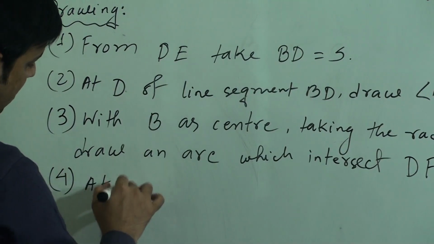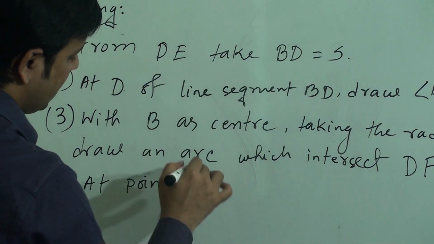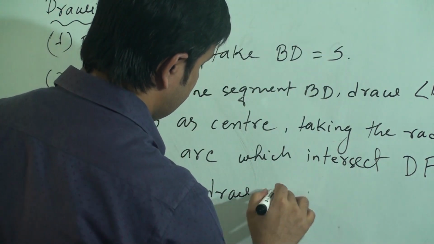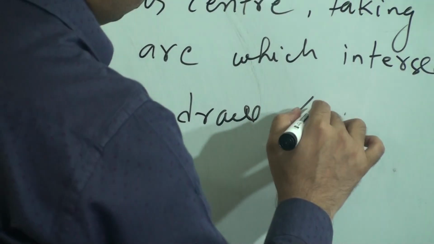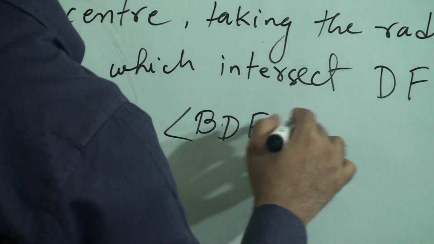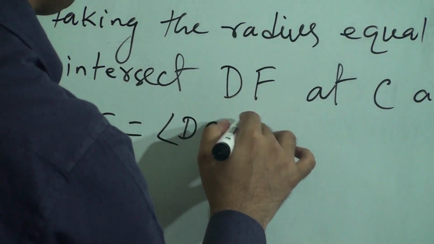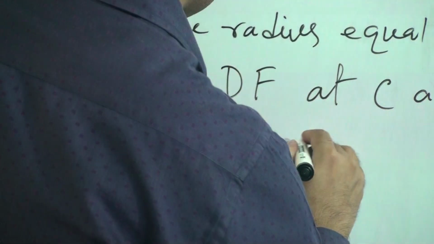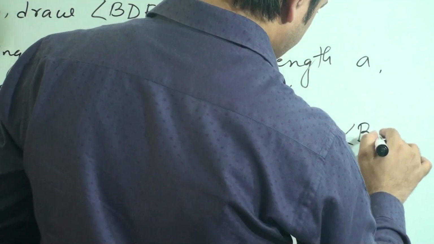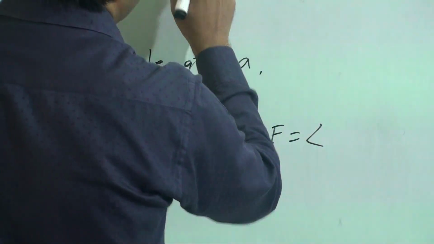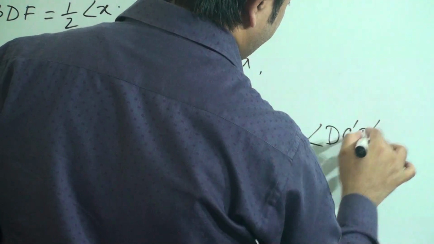At point C, draw angle BDF equal to angle DCP, and at C prime draw angle BDF equal to angle DC prime P prime.